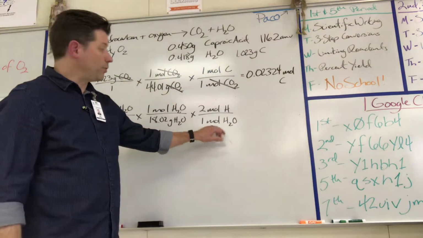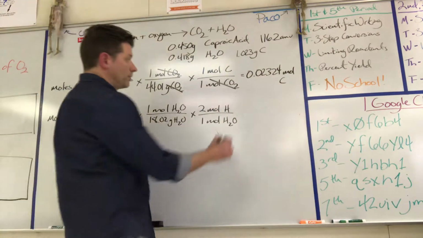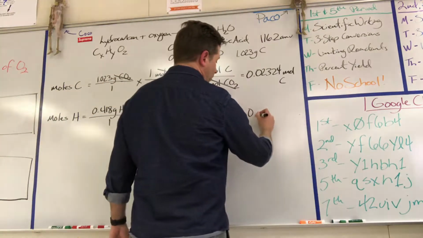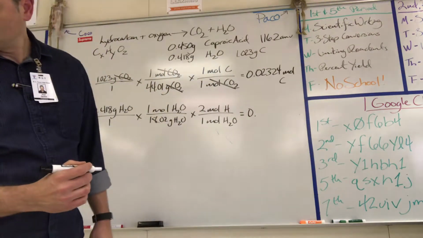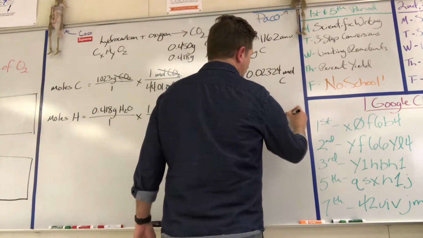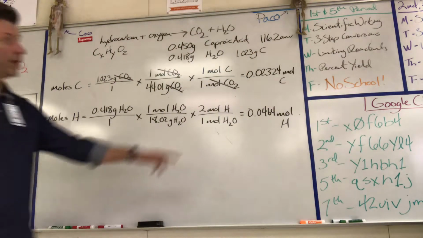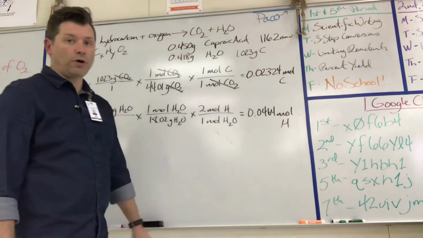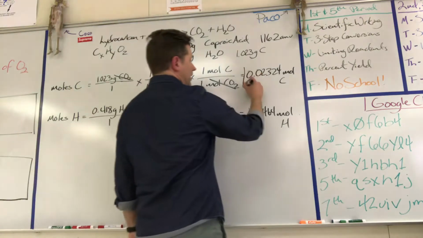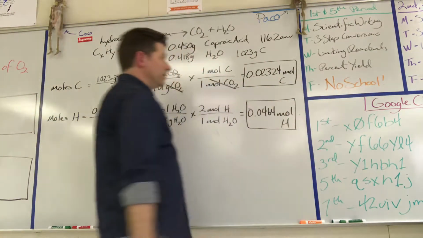So to make H2O, you have to have 2 moles of hydrogen to 1 oxygen. We do the calculation, and we end up with 0.0464 moles of hydrogen. Okay? So there's our moles of carbon and our moles of hydrogen. I'm going to box that in because we'll need those figures in just a moment.